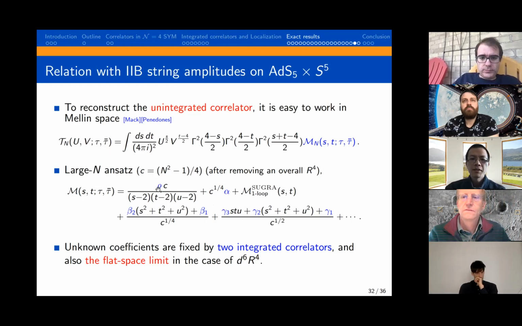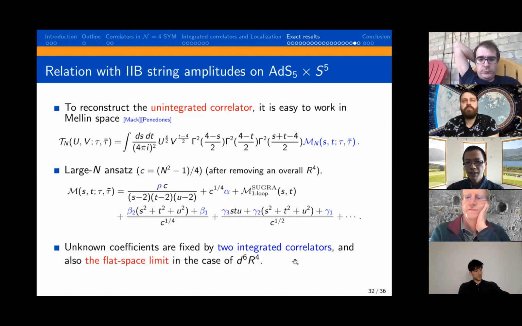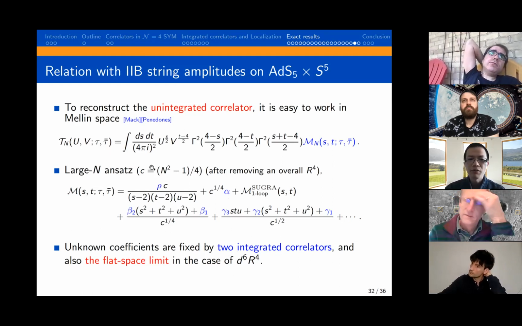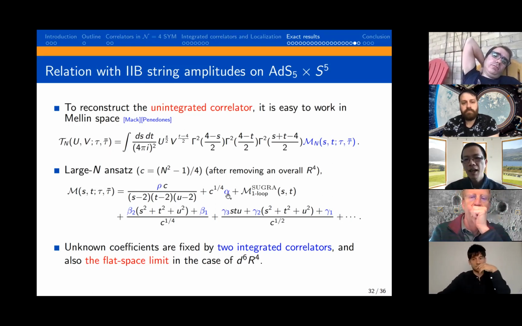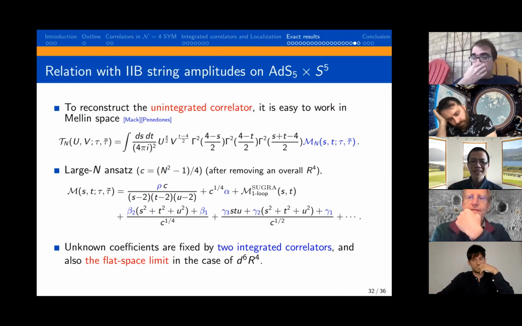Okay. Then of course, now I try to fix those unknown coefficients. Basically the information I have is 2 integrated correlators, order by order. In particular, at the supergravity level, I have 2 conditions to fix one number. So this is a good check. At the R to the 4, again I have 2 conditions to fix one number, so it's a good check that what we did is correct.